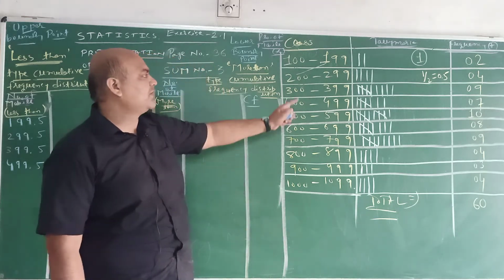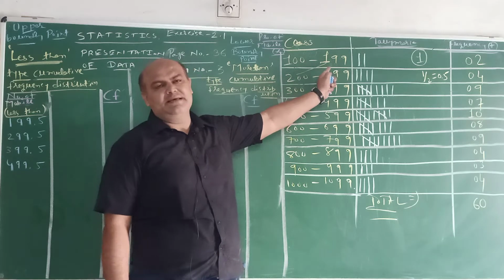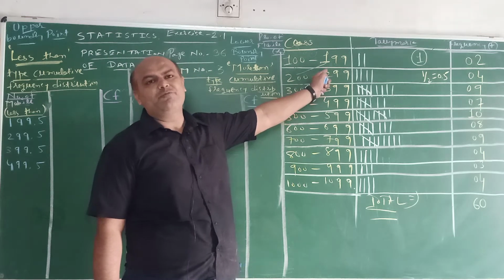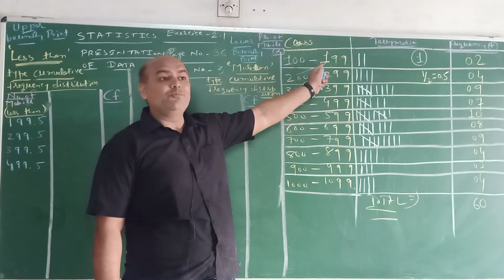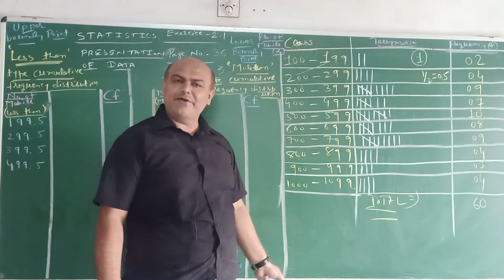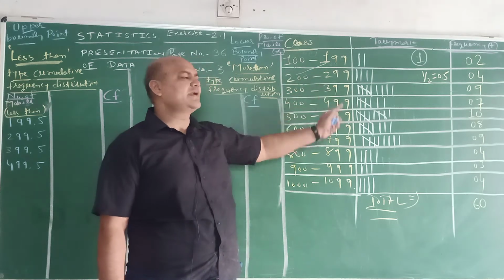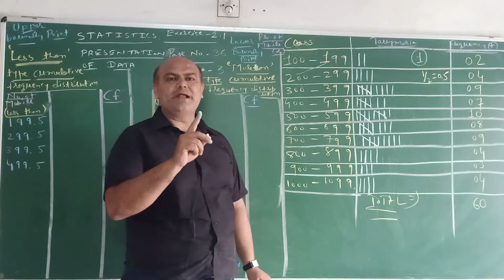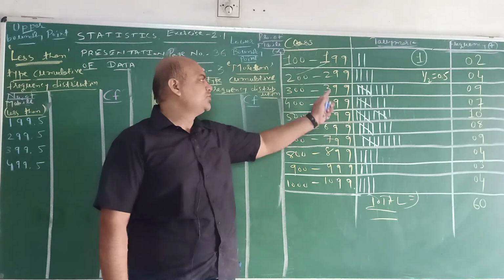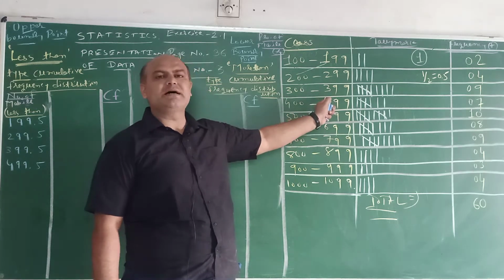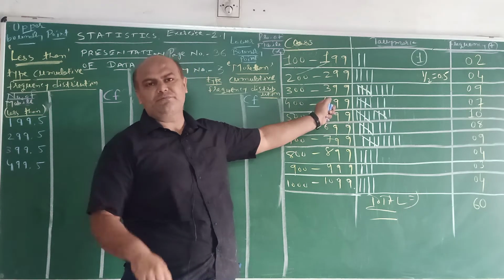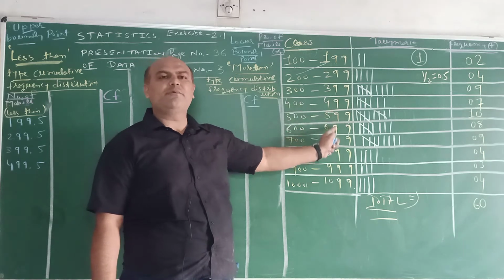So the first class has upper boundary point 199.5, that is 199 plus 0.5. The second class has upper boundary point 299.5, that is 299 plus 0.5. For the third class, it is 399.5, then 499.5.